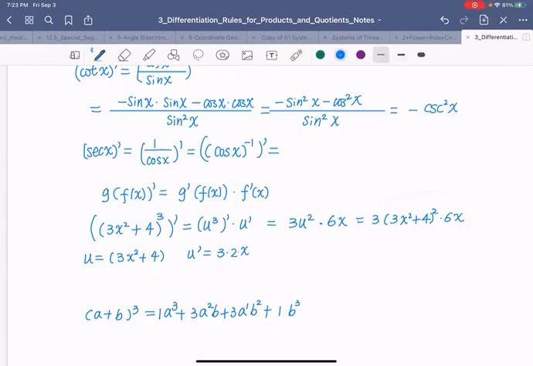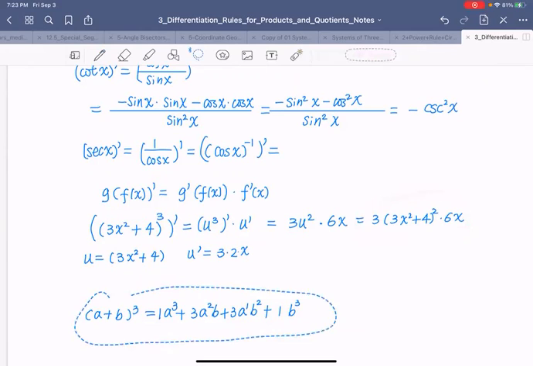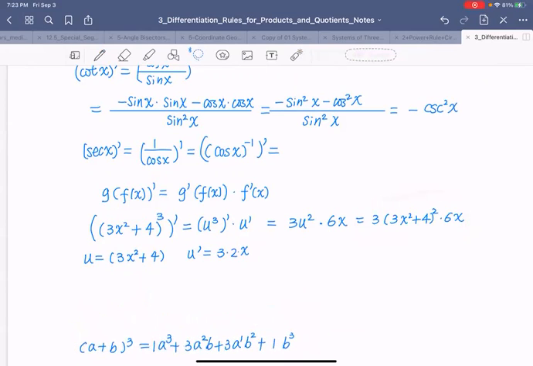Newton is a guy who defined using prime as a derivative. There is another guy called Leibniz. He defined the derivative as dy over dx. What is dy over dx?